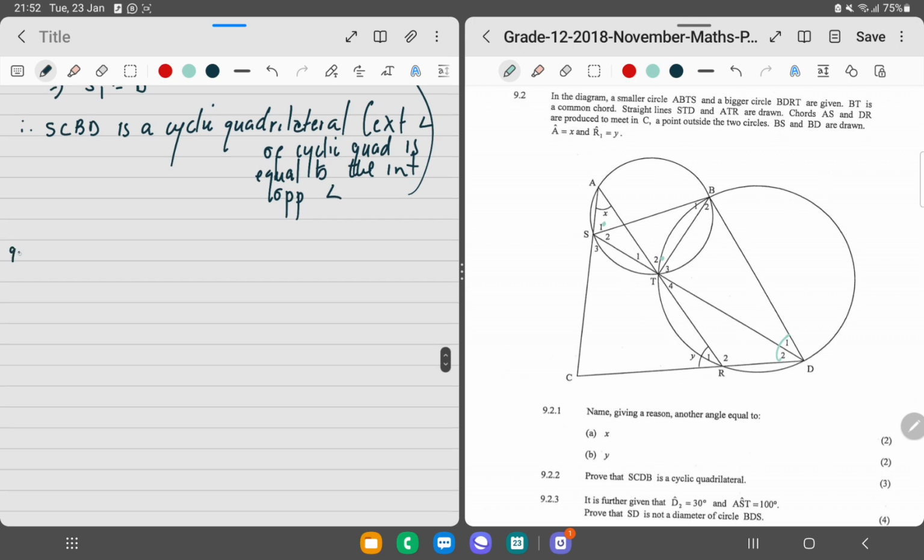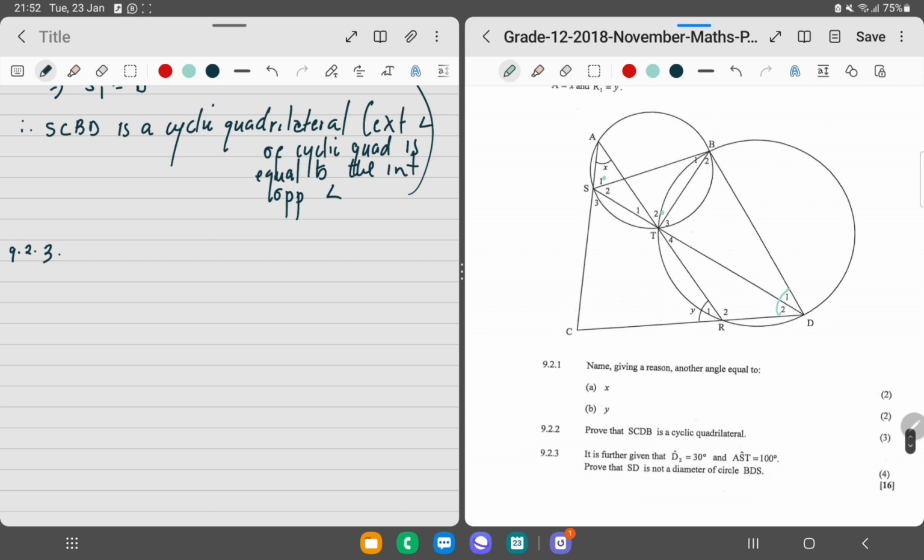9.2.3. It is further given that D2 is equal to 30 degrees. So this is 30 degrees. And AST, so this whole angle is equal to 100 degrees.